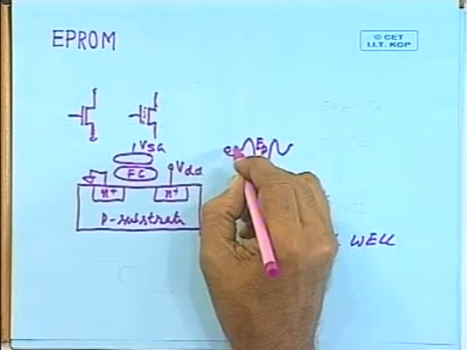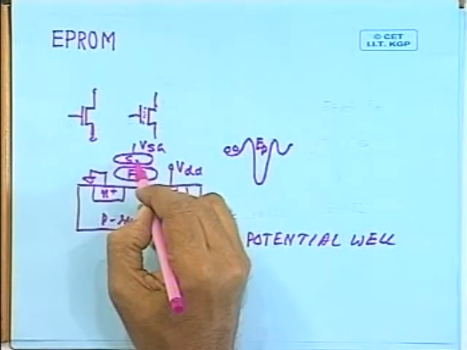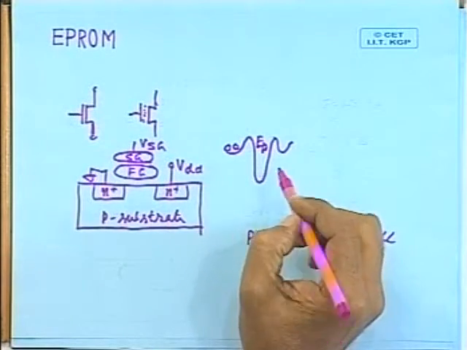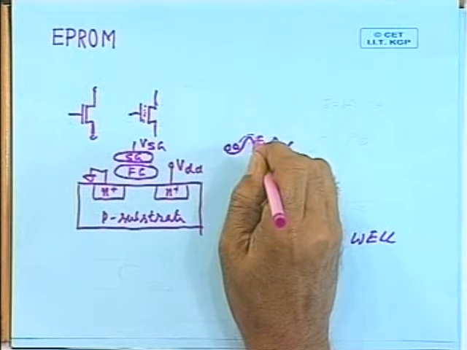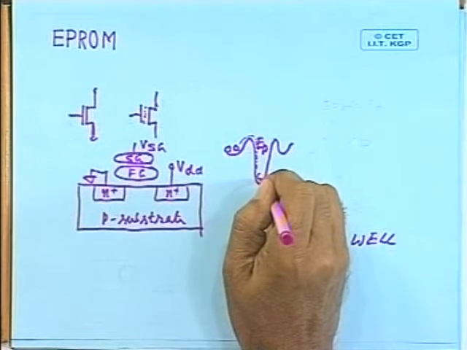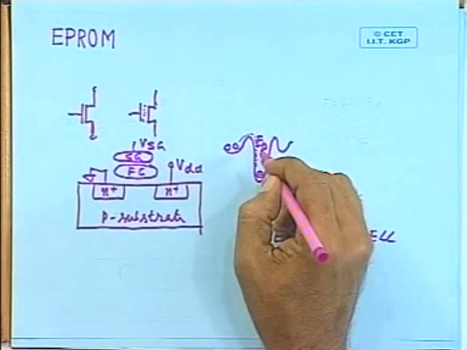So electrons are here. What is being done? The select gate is applied a high voltage such that the electrons fall into this well. This is trapped in the well.